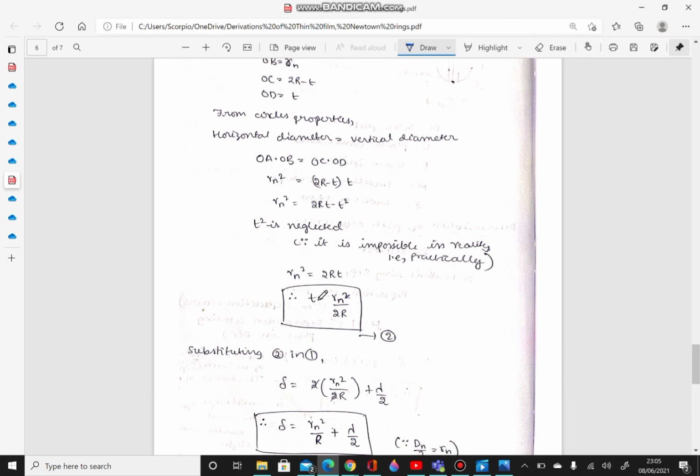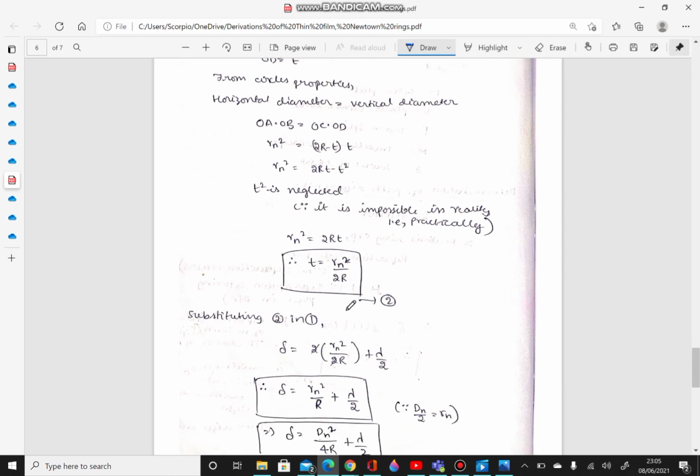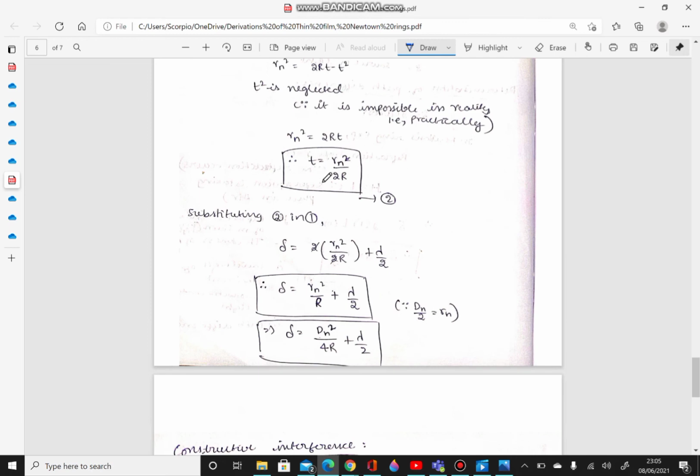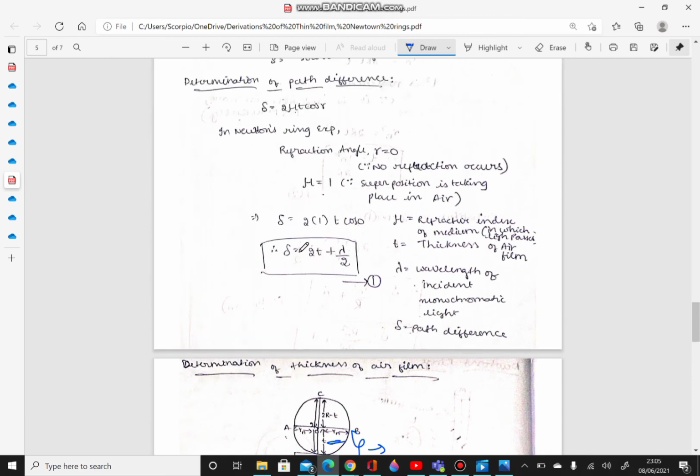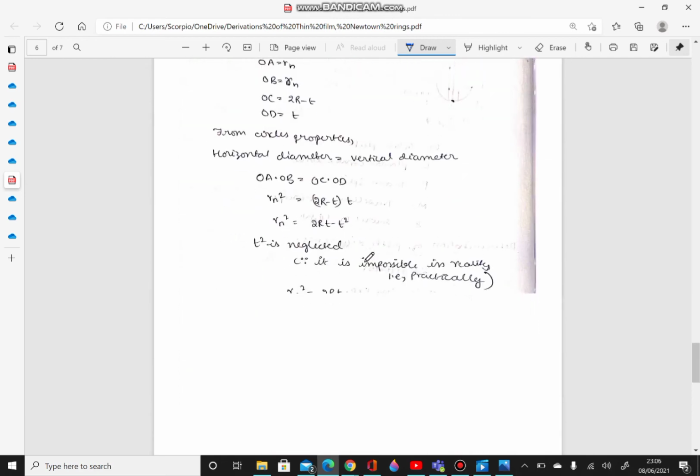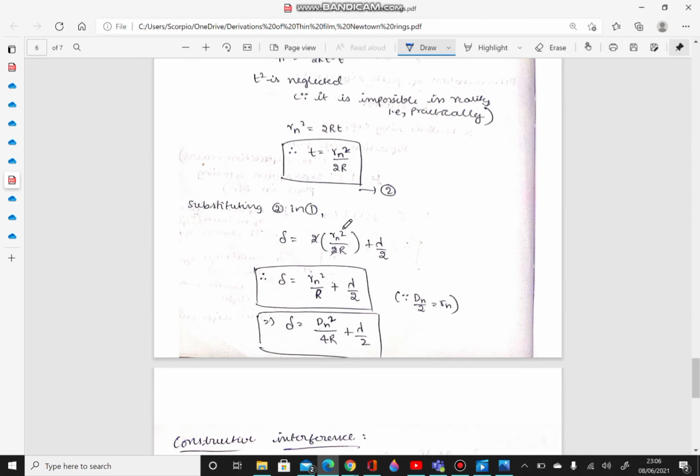From this we can finally write the equation for T, that is the thickness of this air film, which is equal to Rn square by 2R, where Rn is the radius of the Newton's rings and capital R is the radius of the planar convex lens. Now substituting this T value in our path difference formula obtained for this experiment, which is equal to 2T plus lambda by 2, in place of T we'll substitute this value to write 2 into Rn square by 2R plus lambda by 2, from which we get the main formula for the path difference in this experiment, which is delta equals Rn square by capital R plus lambda by 2.